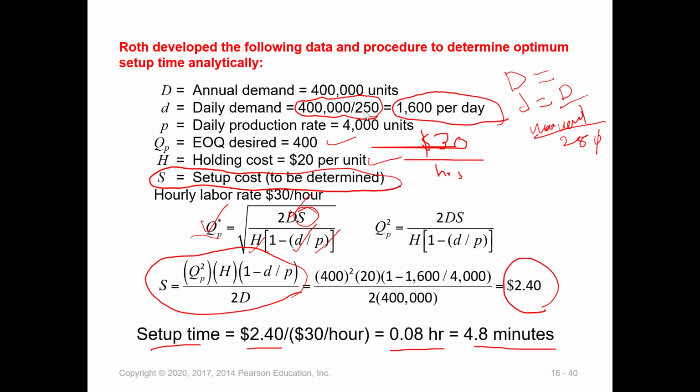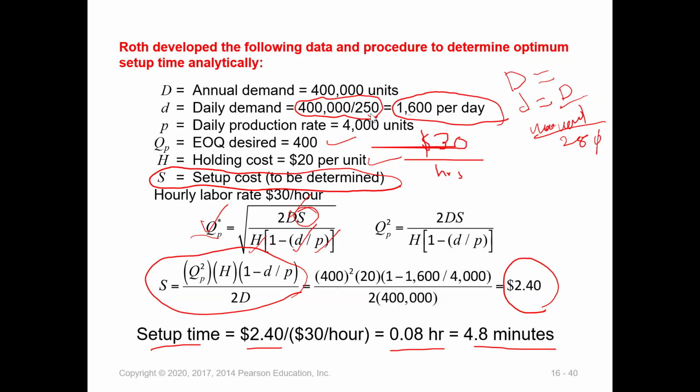So we said that the annual demand is 400,000. The daily demand is 400,000 divided by 250. Where did the 250 come from? It's the number of days, right? How many days per year? 365.